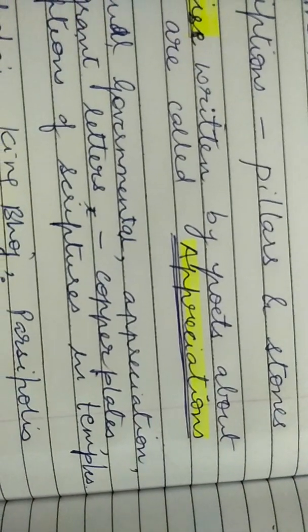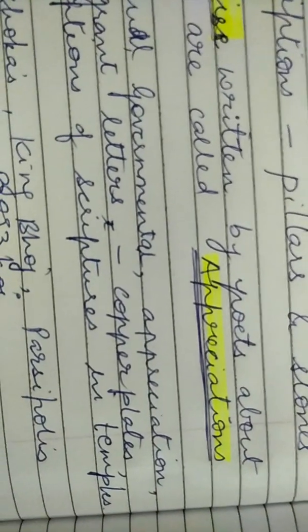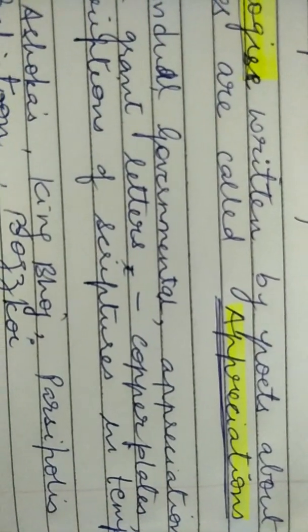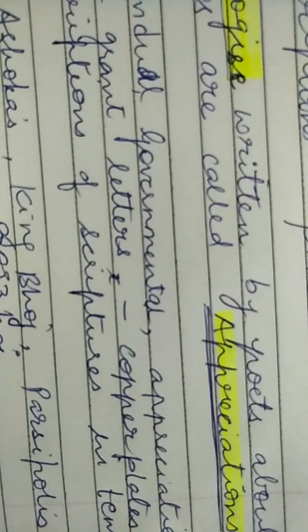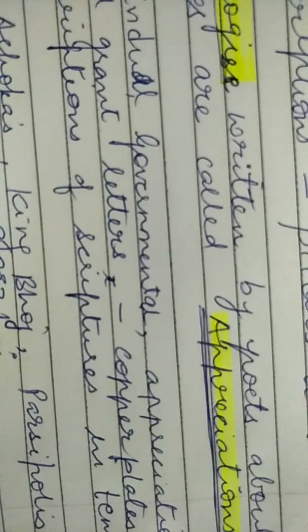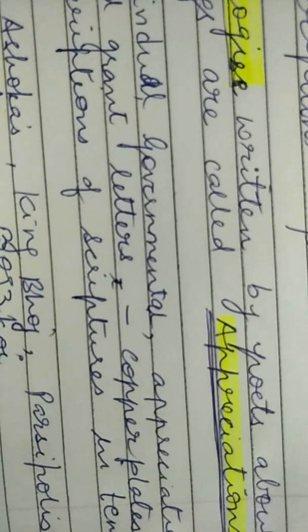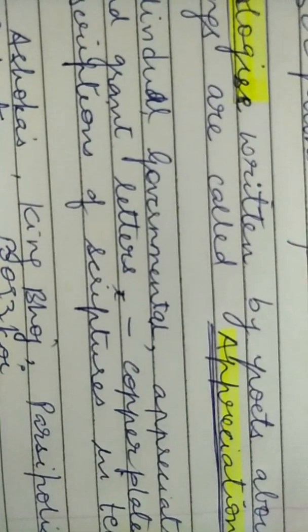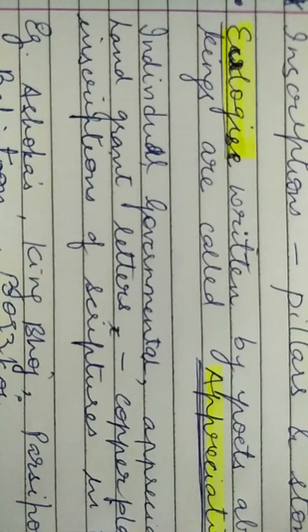So many things we have found have helped us to know about the history. Harisena and some other writers were also there, who have written about the kings of that particular time.